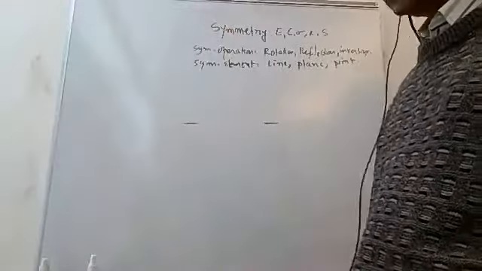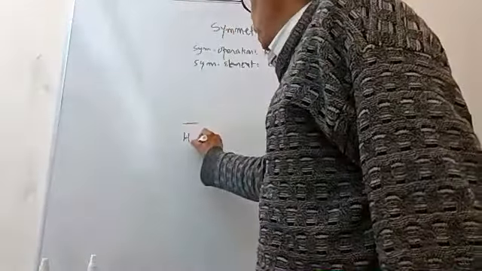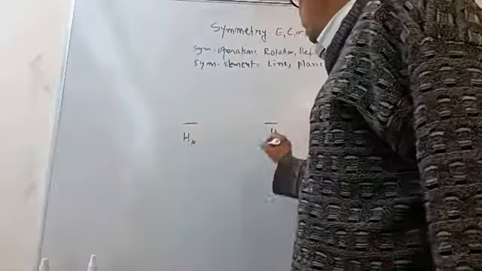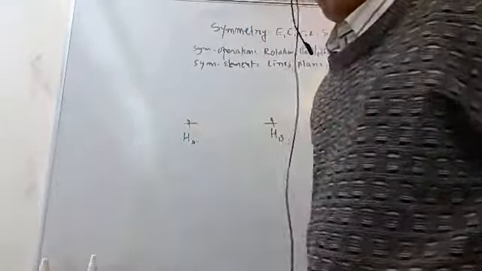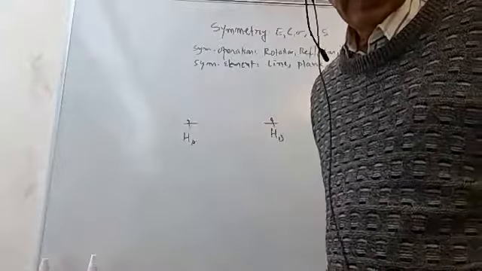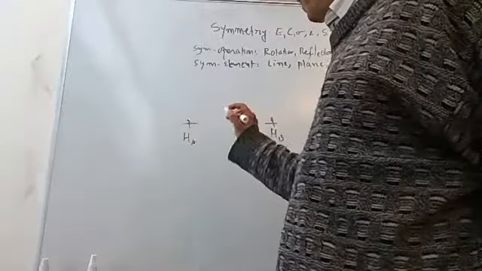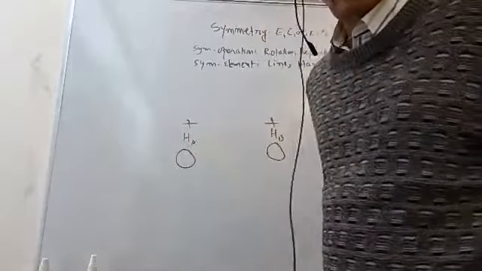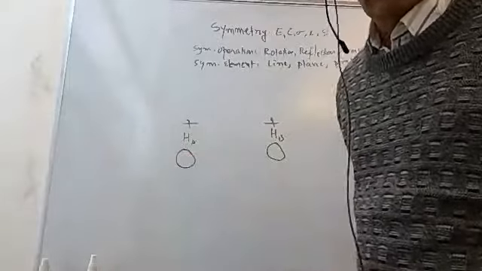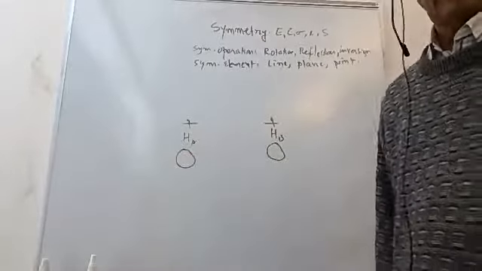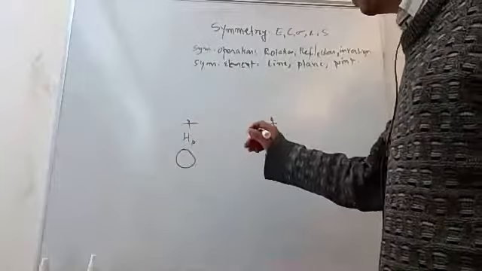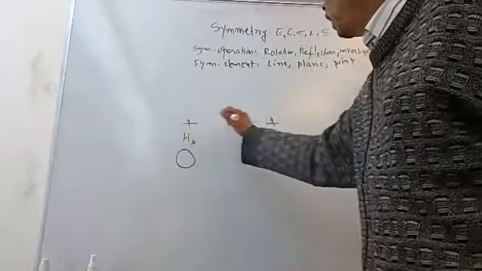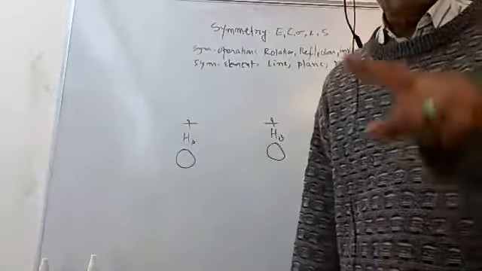So let's assume that we have two hydrogen atoms, okay? Hydrogen A and hydrogen atom B, each with one electron, right? So now the way it happens is these electrons happen to be in s orbital, which is spherical in nature, correct? Now, in spherical orbitals, both the electronic wave functions, you remember electron moves, right?